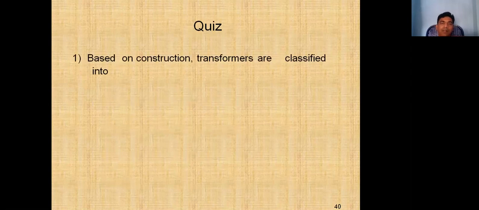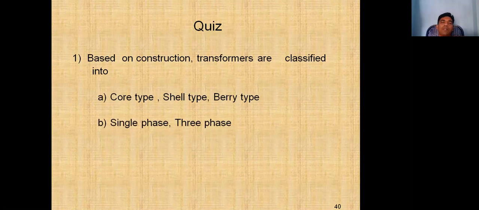Based on construction, transformers are classified into: option A, core type, shell type, berry type; option B, single phase, three phase; option C, either A or B. Based on construction, they are classified as core type, shell type, berry type. And based on number of phases, they are classified as single phase, three phase.